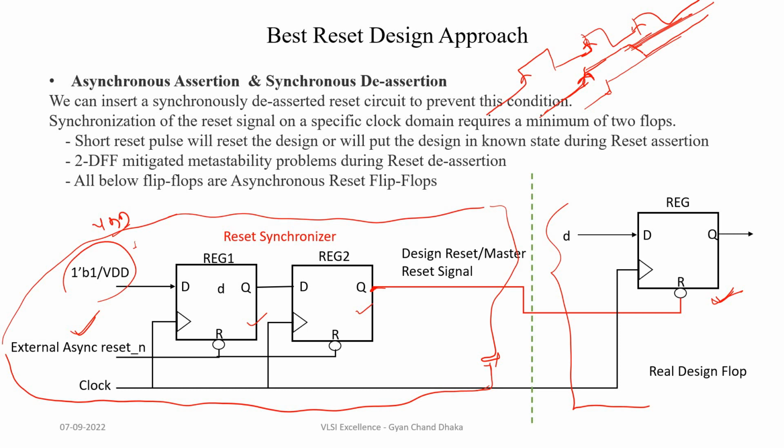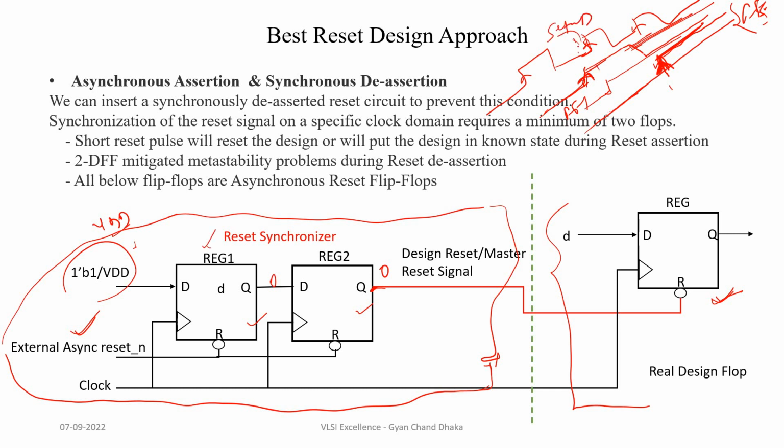Initially, when the reset is asserted, register 1 output is 0 and register 2 output is also 0. So our flip-flop 2 output will be 0 at this clock edge, and at the next clock edge it will become 1. This will go to all our design flip-flops. So this is the first scenario, which is perfectly fine.